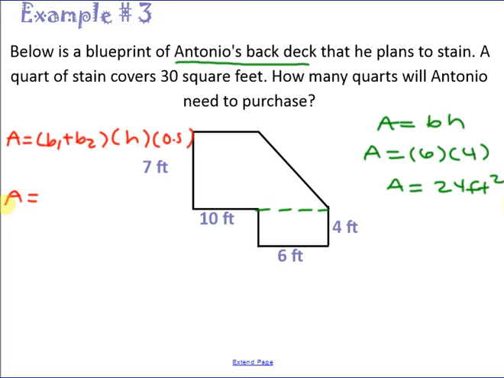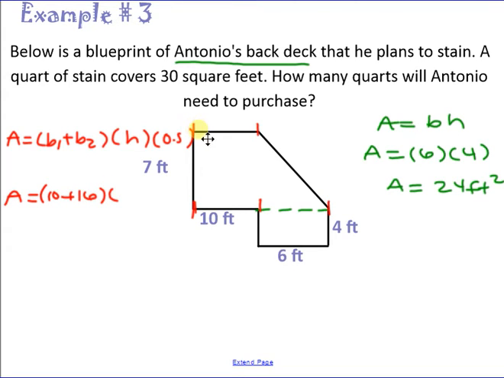So area equals, so my base 1 is from here to here, which is the same as from here to here, which is 10 feet. Now, my base 2 is from here to here, so 10 plus this, which is 6. So 10 plus 6 is 16.